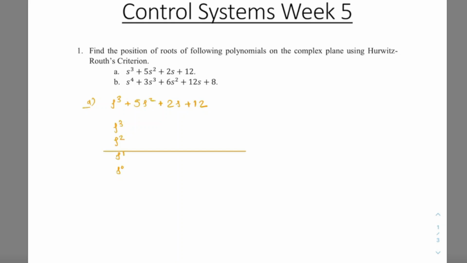Then we will arrange the coefficients as s cube coefficient is 1, s square coefficient is 5, then we have this 2 as coefficient of s, and finally 12.